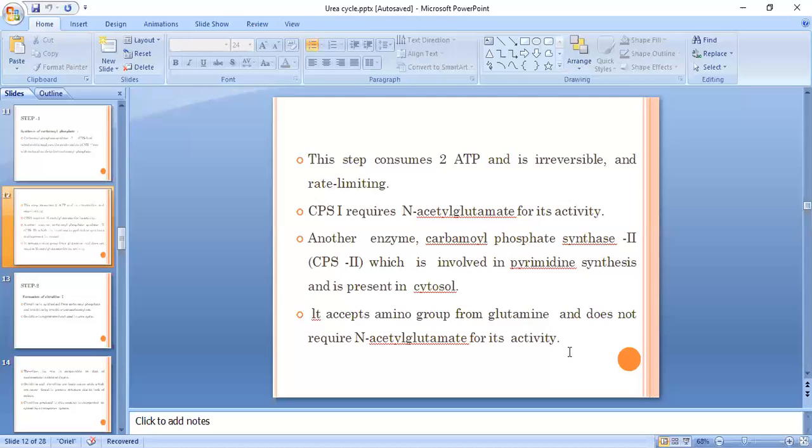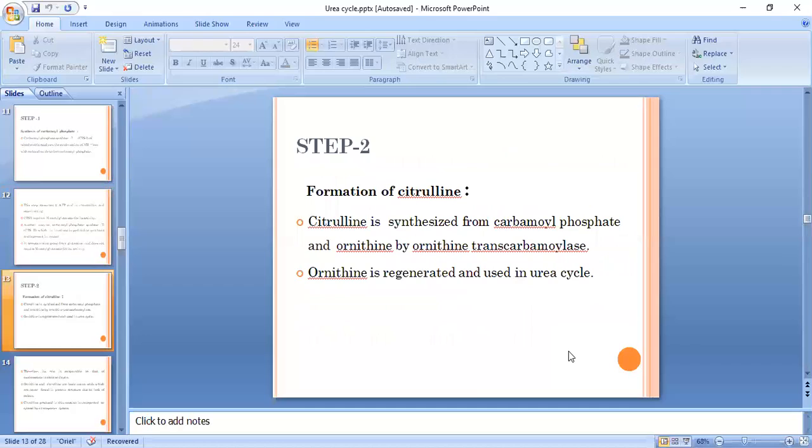CPS1 requires NAG, whereas CPS2 does not require NAG. So now the synthesis of carbamyl phosphate is done, in the presence of an enzyme and ammonium ions on treatment with carbon dioxide.